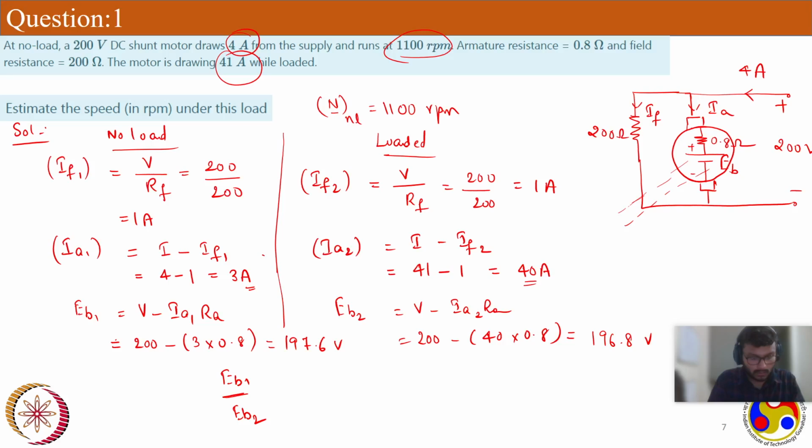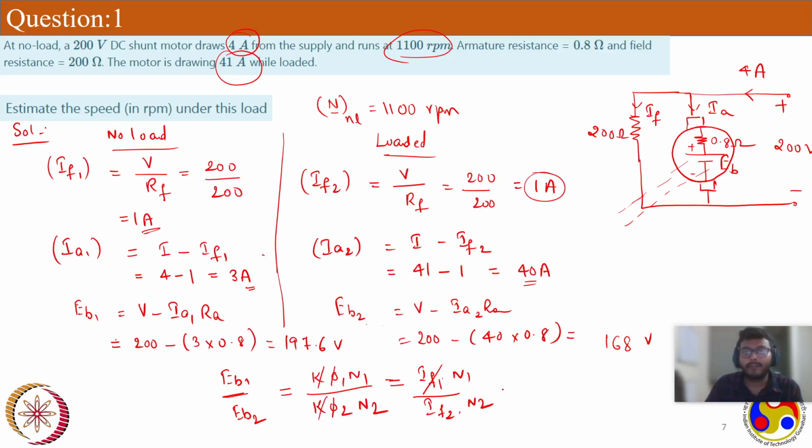K is always constant, so that will cancel. And phi 1 is IF1, N1, and IF2, N2. But one more thing you have to make sure here is my field current is also the same. IF1 is 1 amp and IF2 is also 1 amp. So even these two get cancelled.